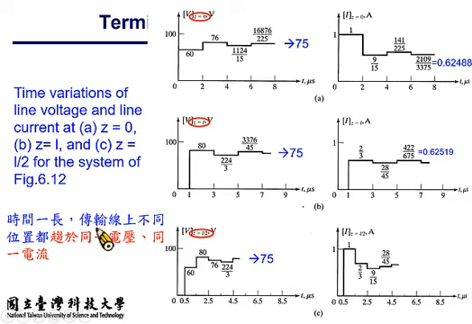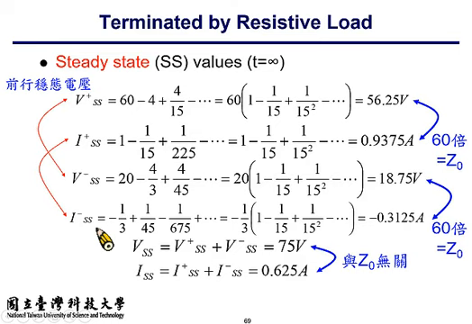Okay, and if you are good enough in terms of math, in fact, you can write out the so-called analytical solution using a mathematical approach. So here we try to write out the steady state voltage and steady state current based on the concept of reflection coefficient and the concept of infinite series.